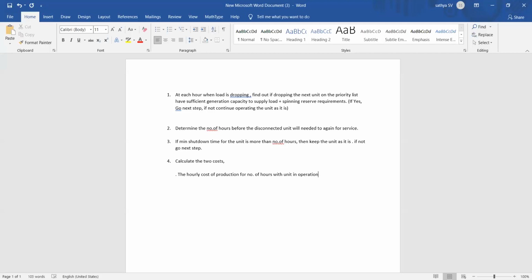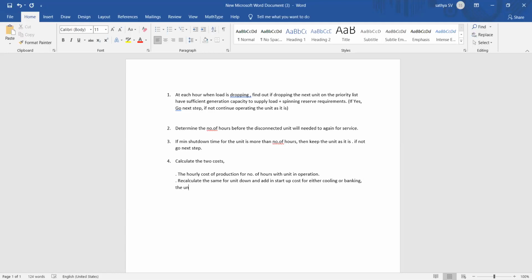How much time the unit is in operation and what is the cost for that, and we need to recalculate the same factor for a unit which is shut down, unit which is down, and add again in startup cost. It may be either cooling or banking.